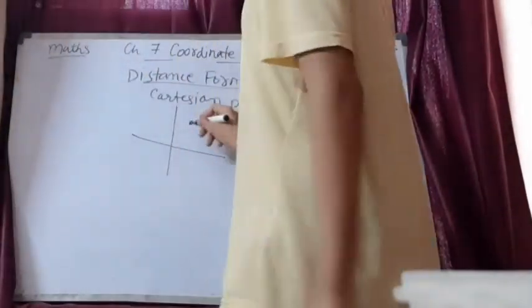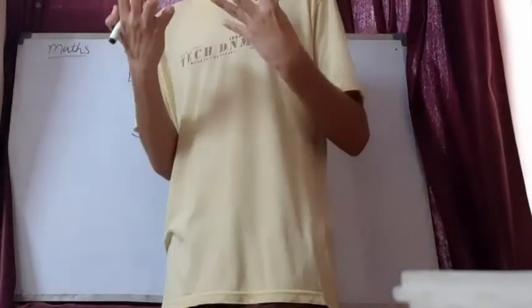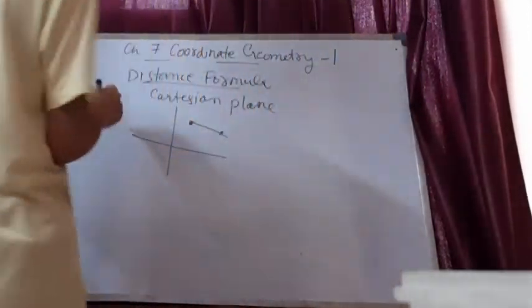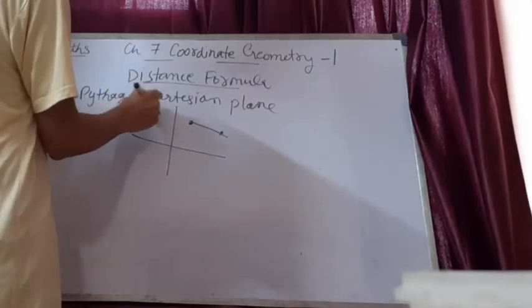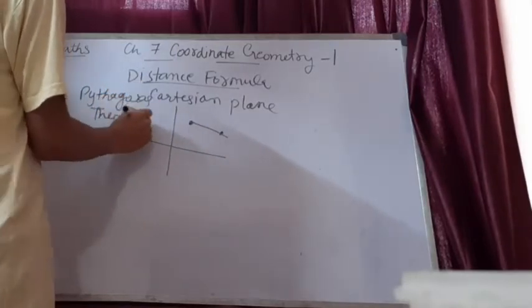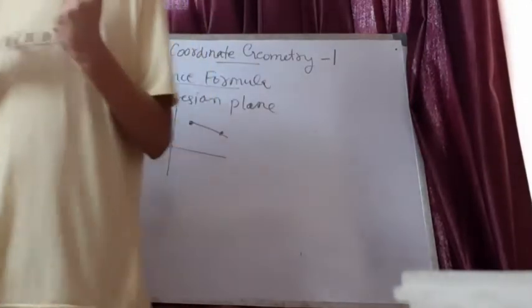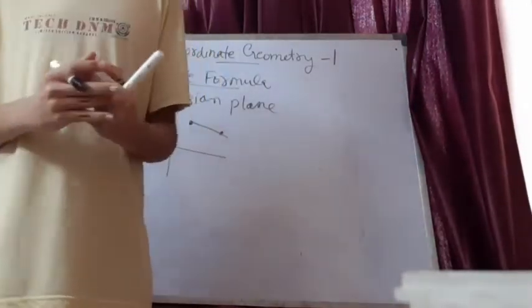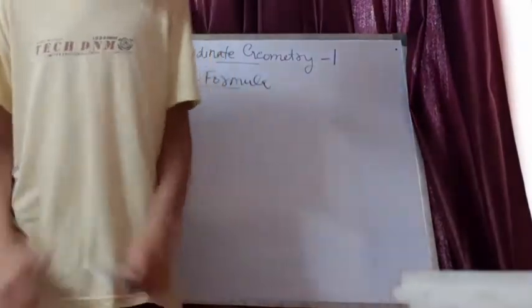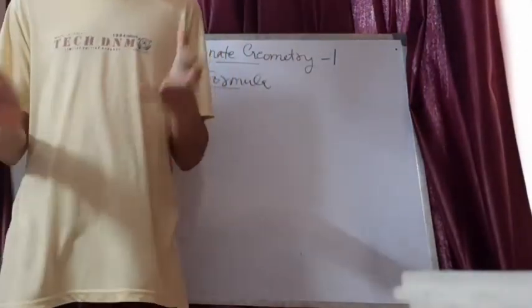We actually derived this formula from your Pythagoras theorem. In the book, if you come to page number 158, the derivation of the formula will be given to you, but I will be telling you in brief.